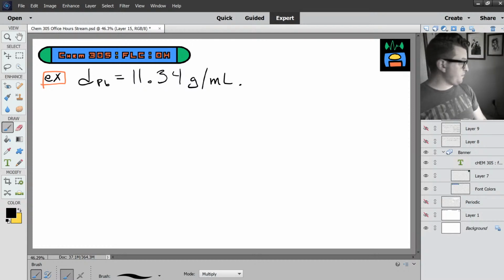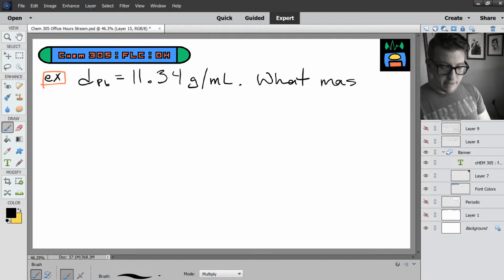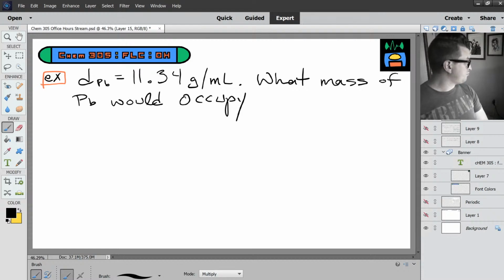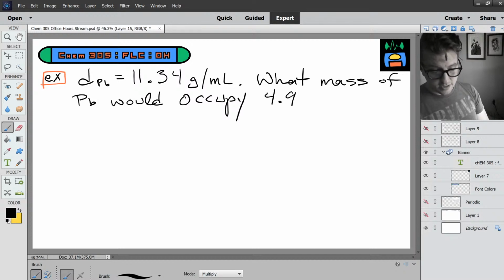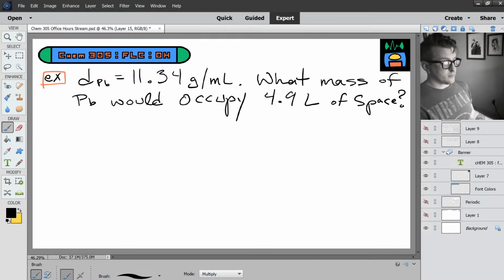And number 12: what mass of lead would occupy 4.9 liters of space? All right, what mass of lead would occupy that much space?